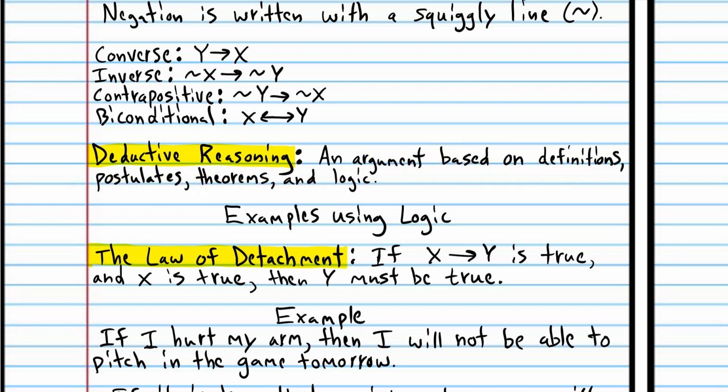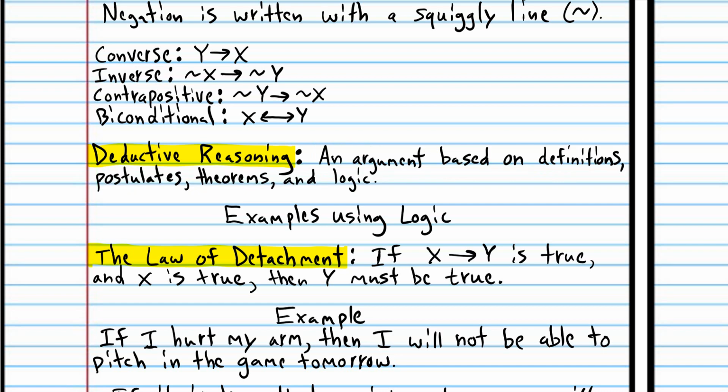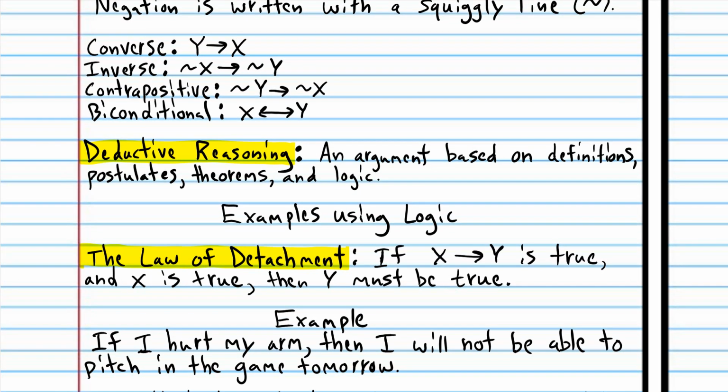So you go from the general and then you come up with a specific conclusion based on those concrete definitions and postulates and theorems and logic. So again, inductive reasoning goes from specific to general, and deductive reasoning goes from general to specific.